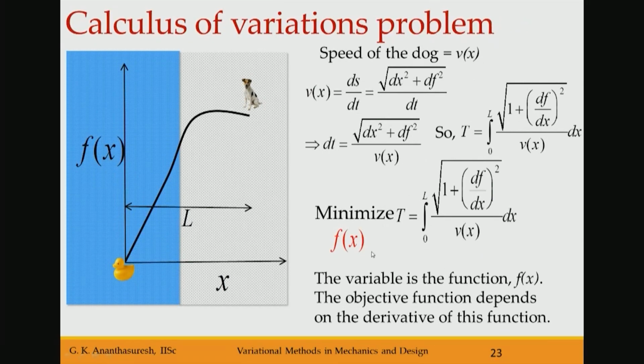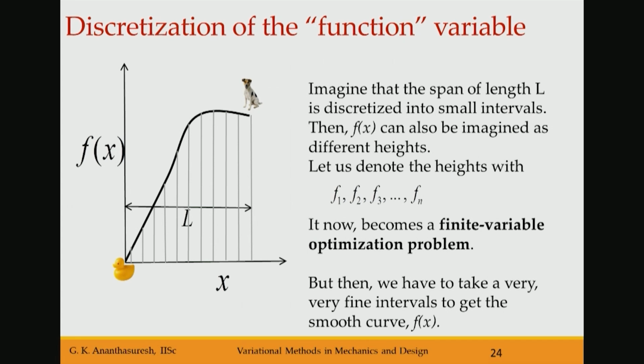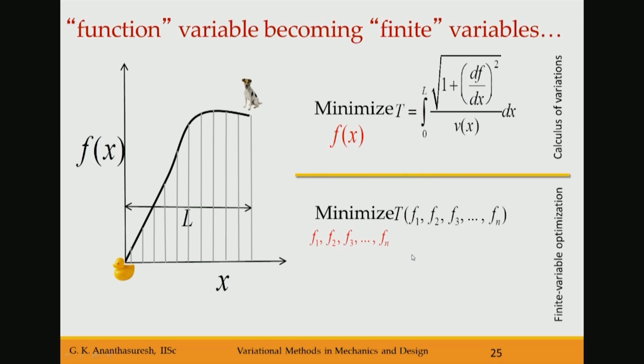That difference has to be understood very clearly at the outset of this course. Calculus of variations has unknown variables or optimization variables as functions, and not as discrete variables. So, here if we take the calculus of variations problem, we have an integral to minimize, T, which is defined in this particular manner.